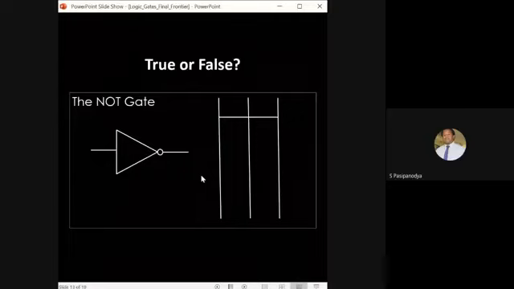Let us now look at the NOT gate. When we're looking at the NOT gate, there's only one input and one output. And the truth table takes an inverse type relation.